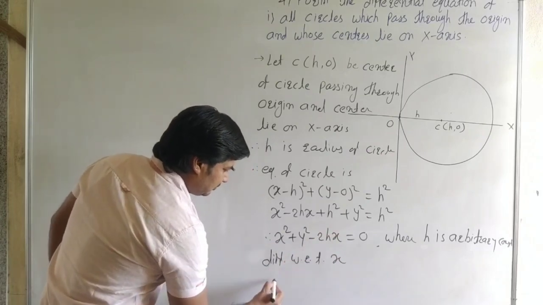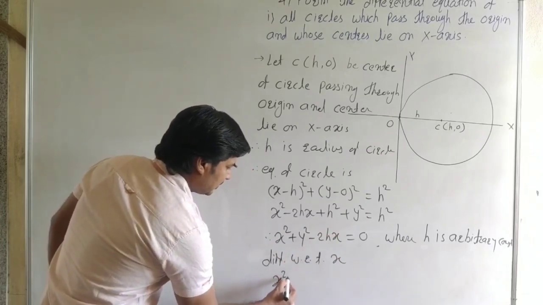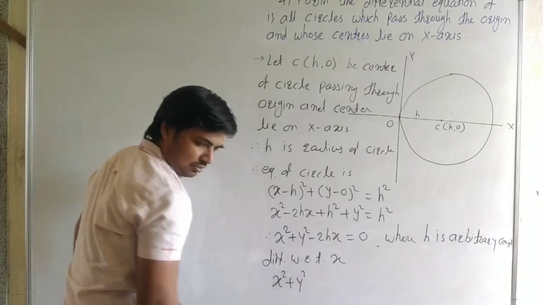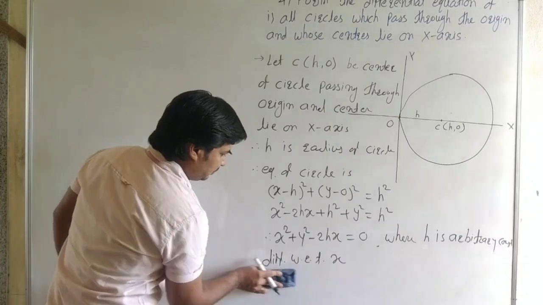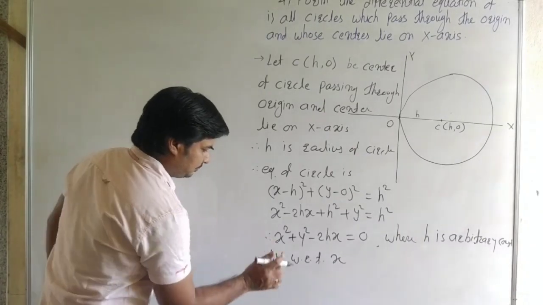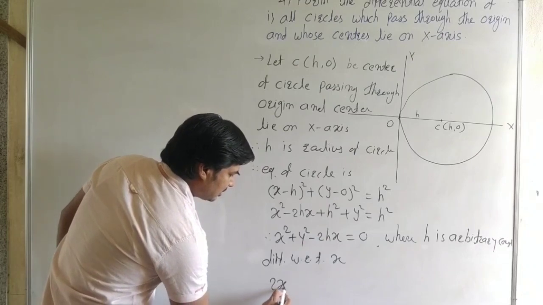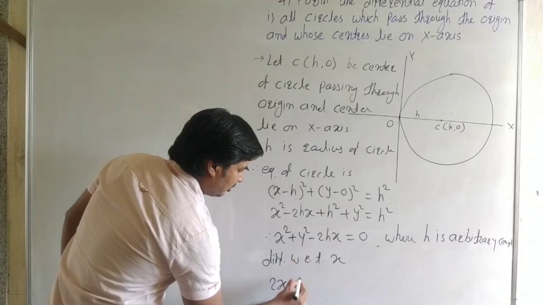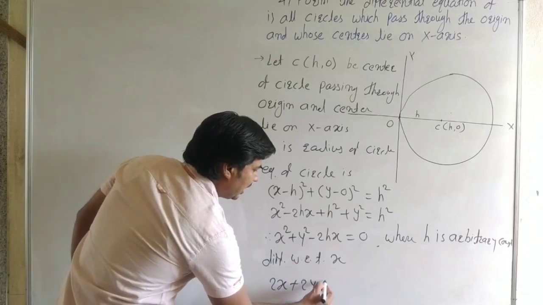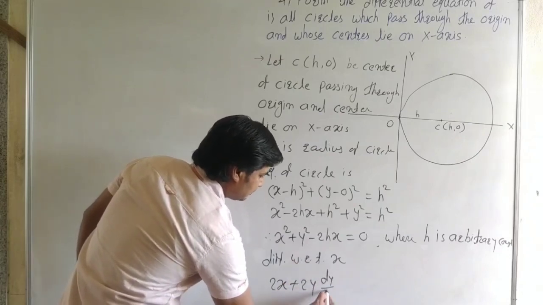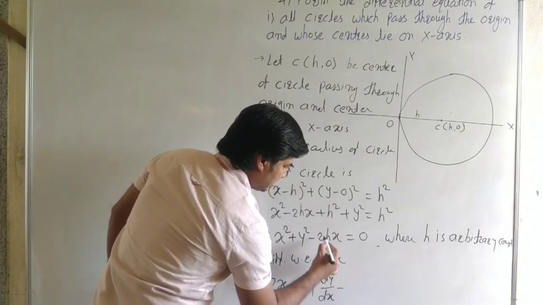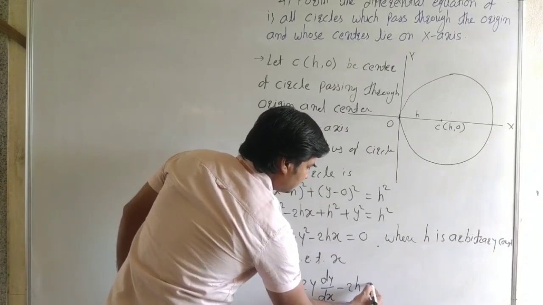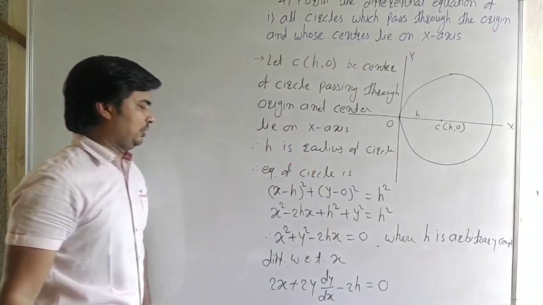The derivative of x square is 2x, plus the derivative of y square, which is 2y dy by dx, and minus 2h equals 0.